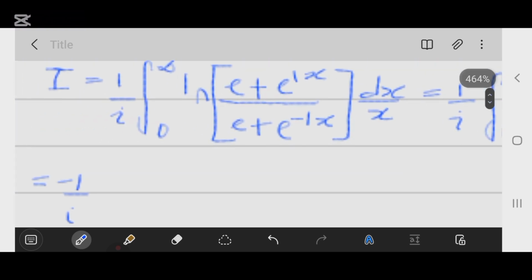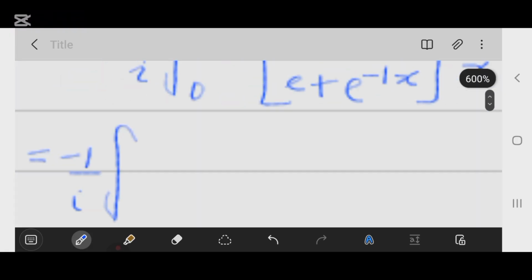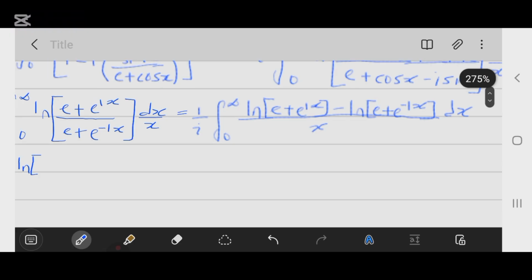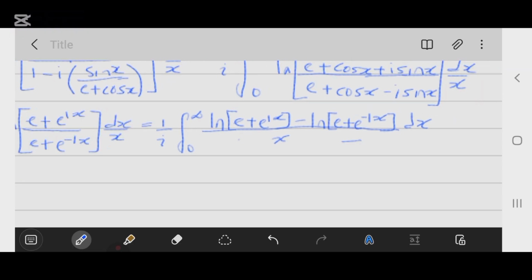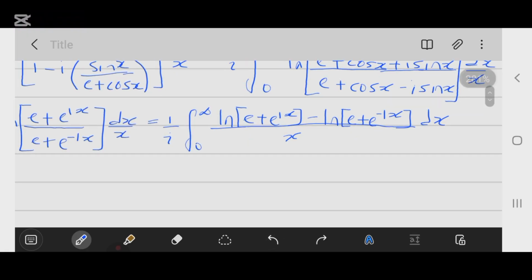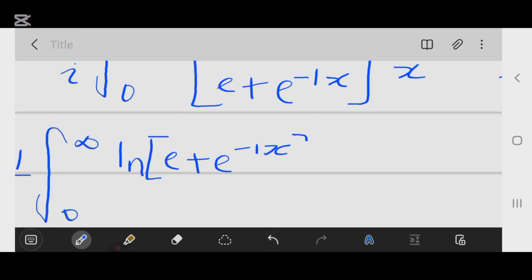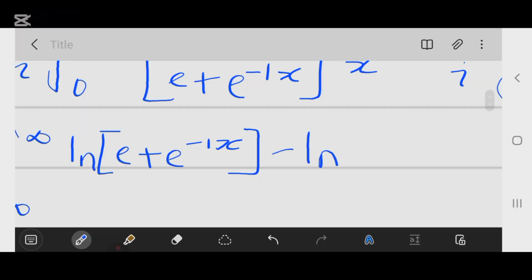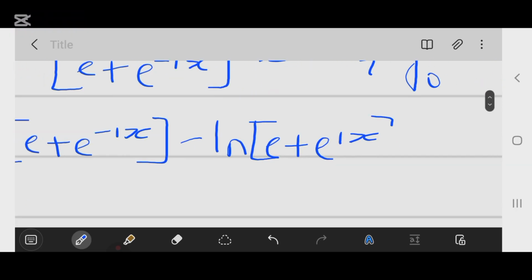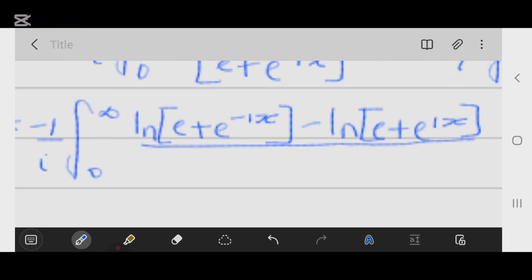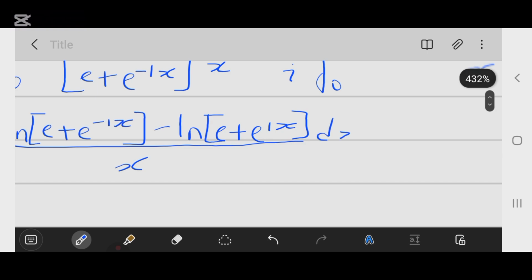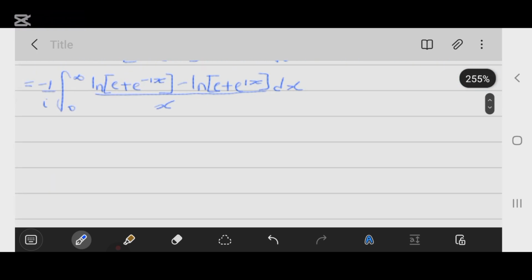Let me introduce a minus sign here. By reason of the minus sign, let me write this one first. Now let me introduce something.